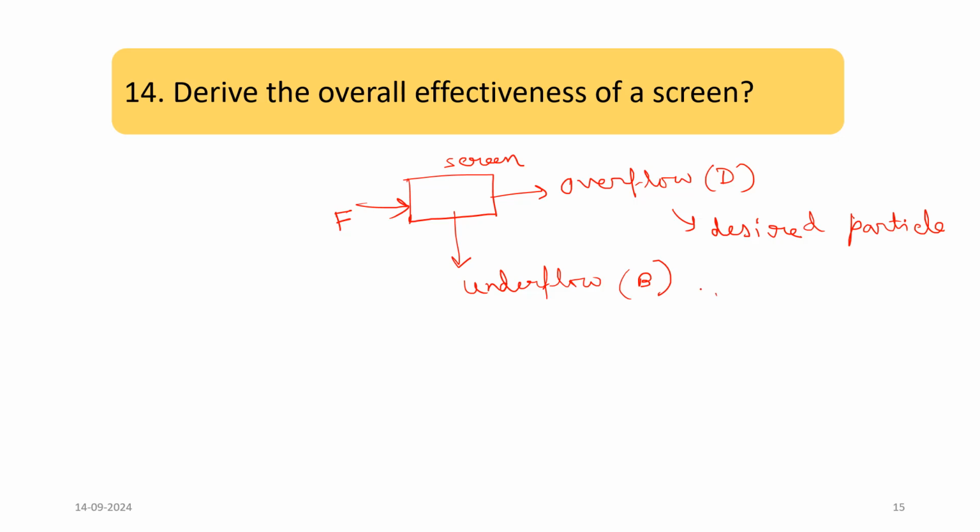Now the mass fraction of your desired particle in feed is, F equal to D plus B, suppose XAF.